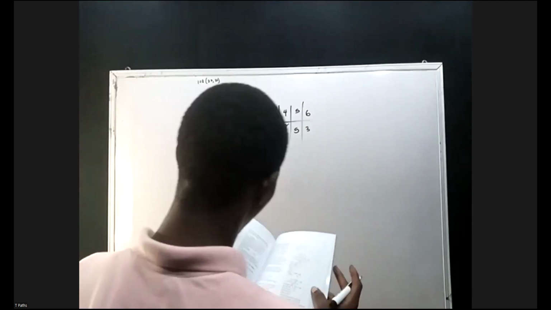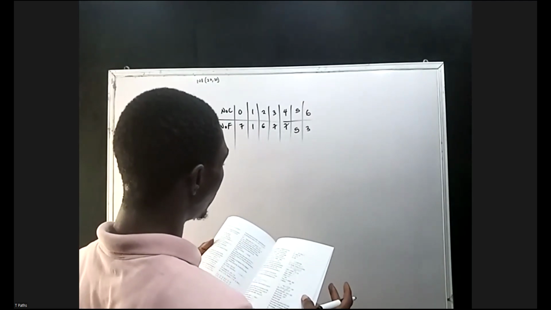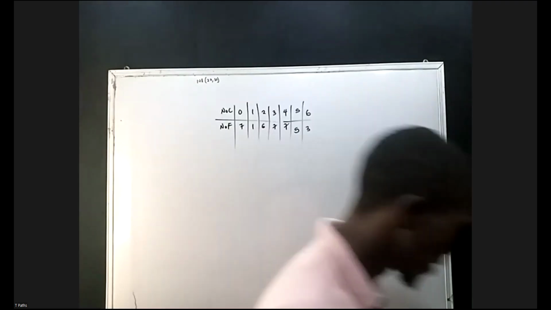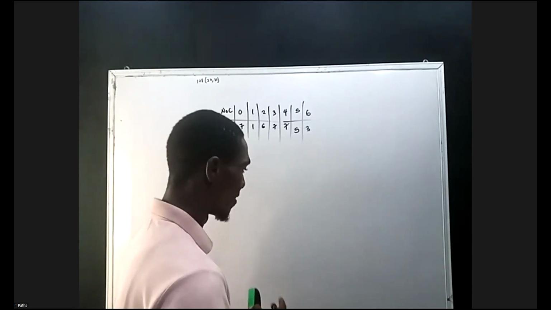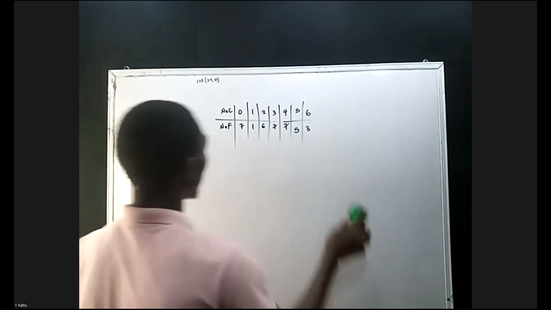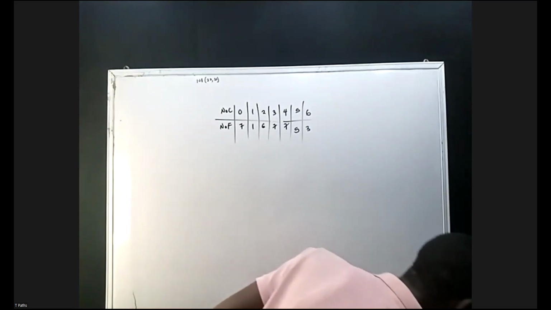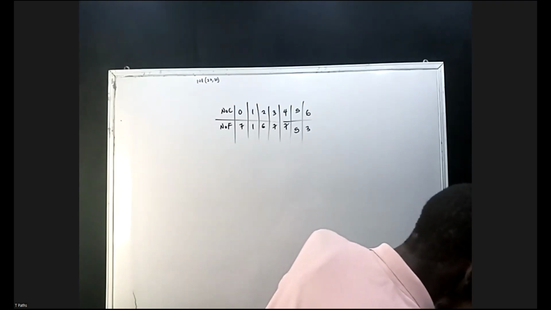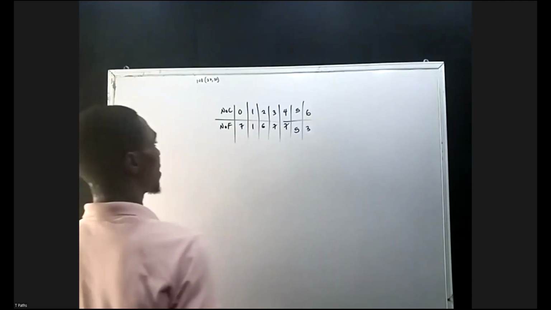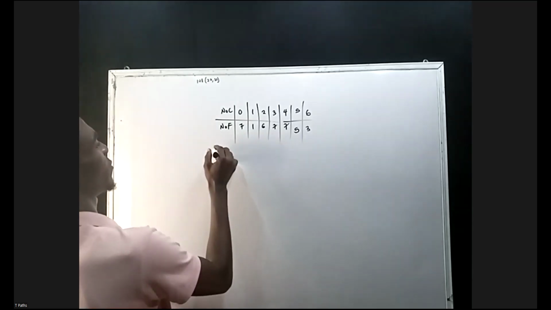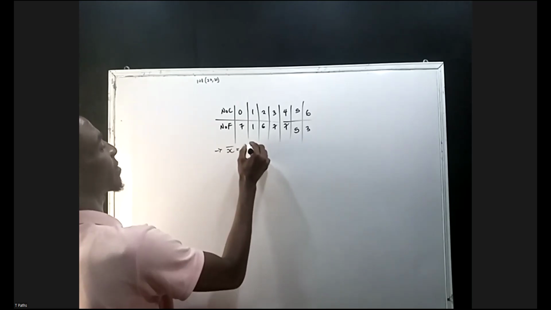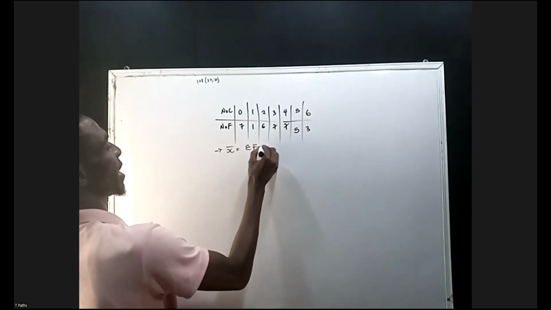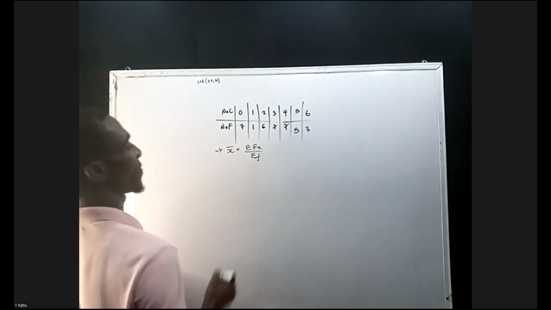Now, we are told to find the mean, median, and mode respectively. First, to get the mean, it equals summation fx over summation f.